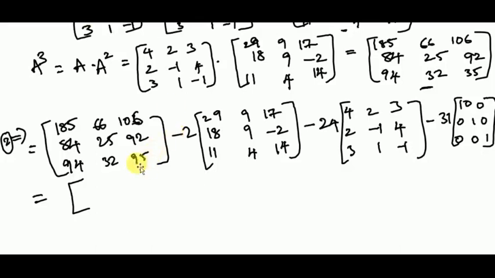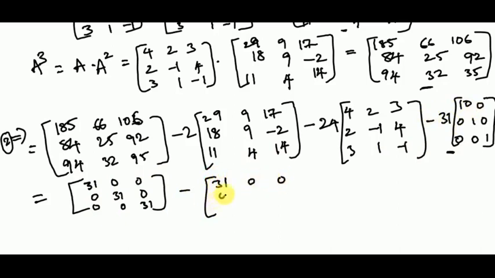Now simplify the first three matrices and you will get 31, 0, 0, 0, 31, 0, 0, 0, 31. The last fourth matrix, multiplying inside with the scalar, gives minus 31, 0, 0, 0, 31, 0, 0, 0, 31.